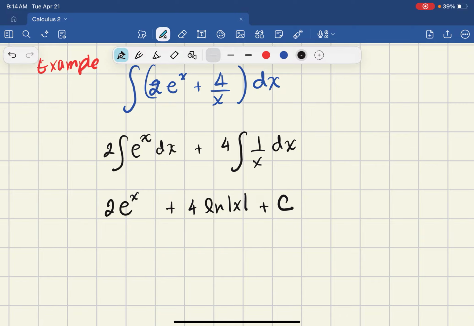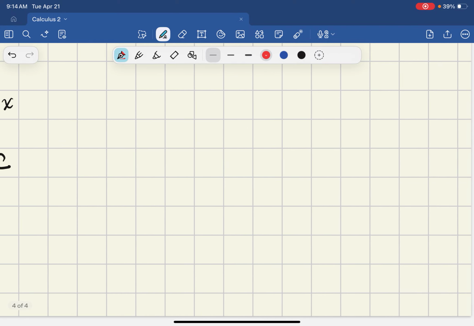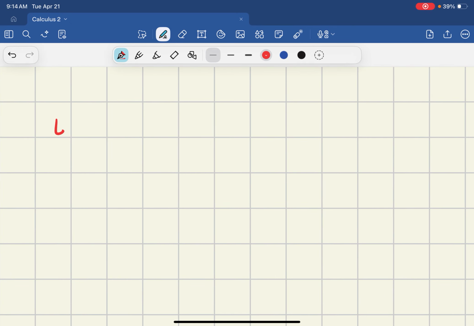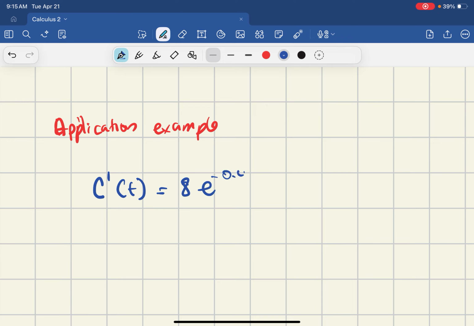There are different application problems. We can do a quick application problem. This will be our last example for this section. So let's call this an application example. We'll say that we have C prime of t is equal to 8e to the negative 0.4t.